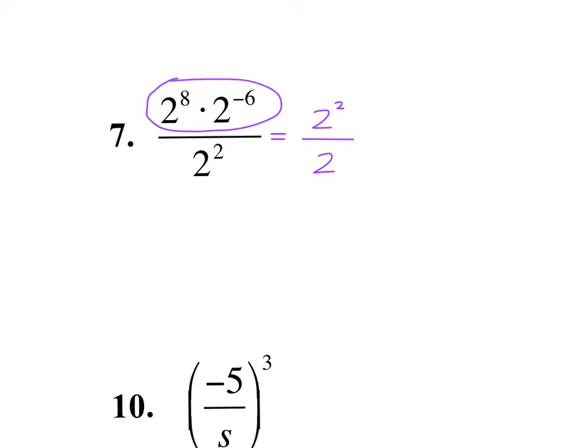Okay, over 2 to the second power. Now you can think of this as a number divided by itself is always 1, right? Or you can think of it as the subtraction here. 2 minus 2 is 0, so this is like 2 to the 0 power, which is 1. Okay.